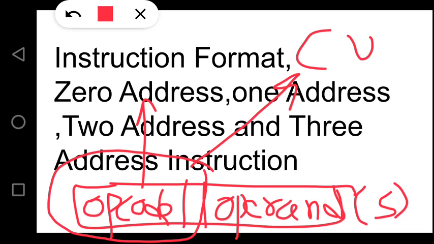Remember, when we discussed the simple accumulator based CPU, the control unit does not take the whole instruction present in the IR, the instruction register. It takes only part of the instruction. The CU fetches only part of the instruction.